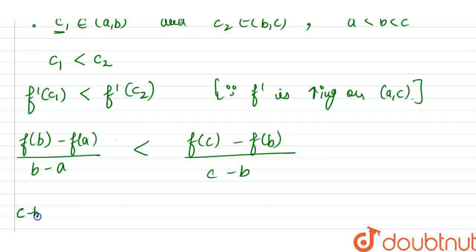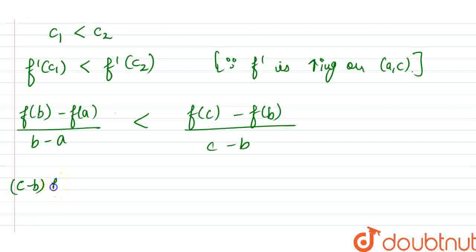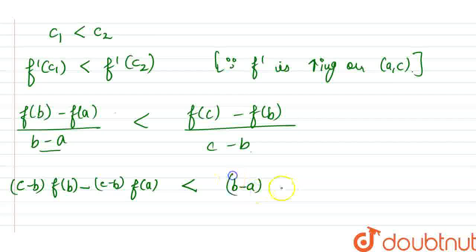This will be c minus b multiplied with f of b minus c minus b multiplied with f of a, and this is less than b minus a multiplied with f of c minus b minus a multiplied with f of b.